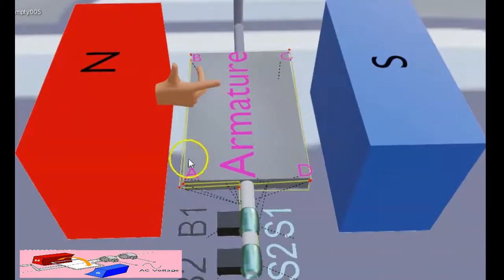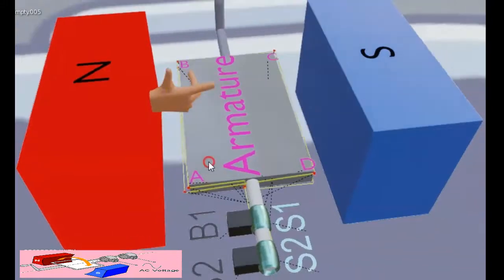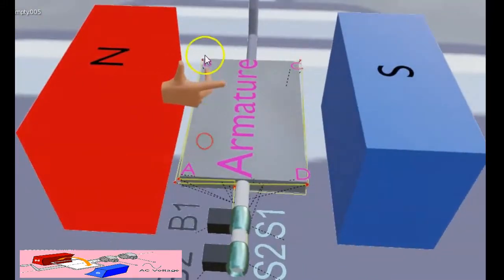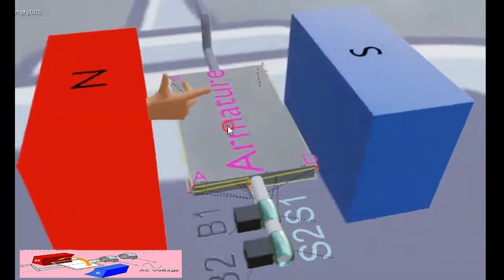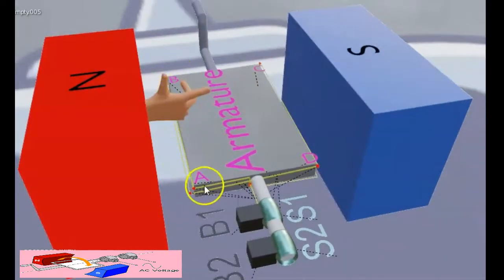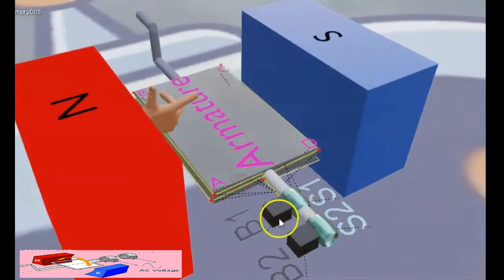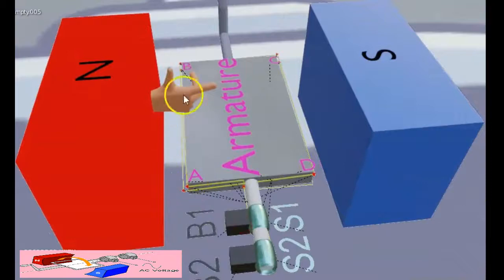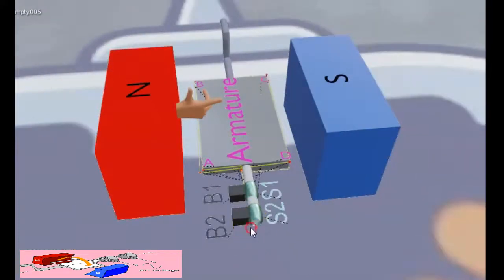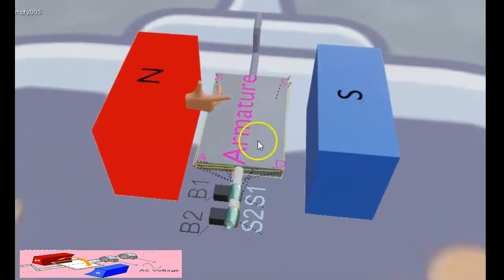So if the current is moving from A to B, it means the electrons should move from B to A, and in this motion those electrons will get accumulated over B1. So if this AB arm moves in upward direction, then B1 will get negatively charged, and those electrons will travel from this end, so B2 brush will get positively charged.